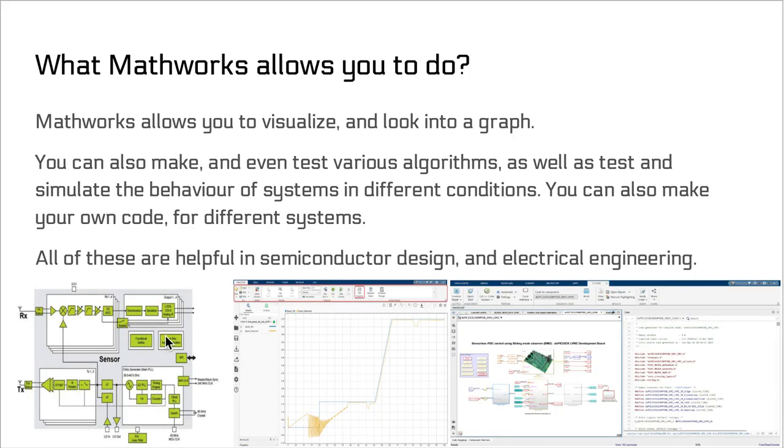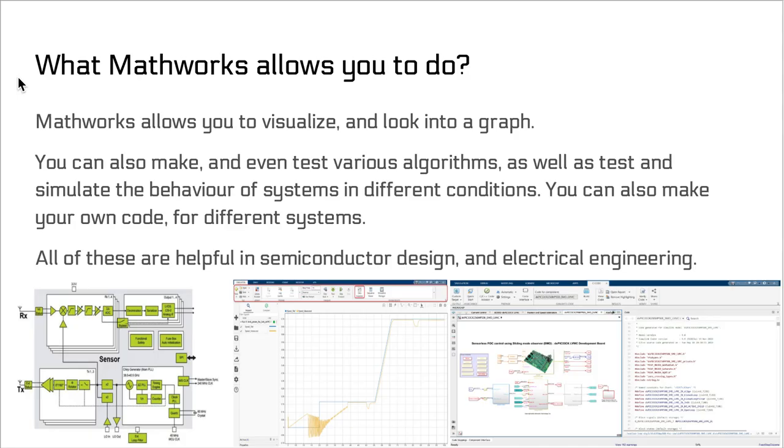And here I'm gonna discuss what MathWorks allows you to do. Well, MathWorks, as discussed before, can allow you to visualize and look into a graph. Another thing it can do is work with algorithms. It can test algorithms.